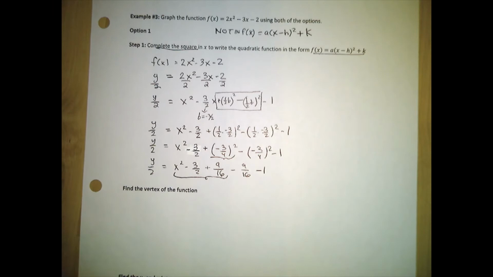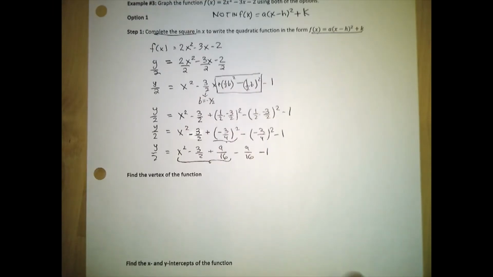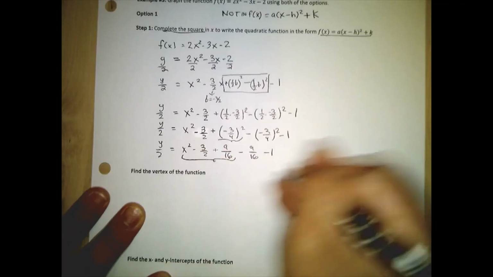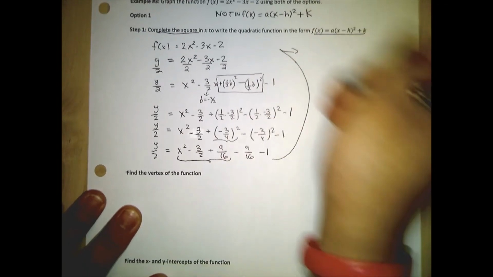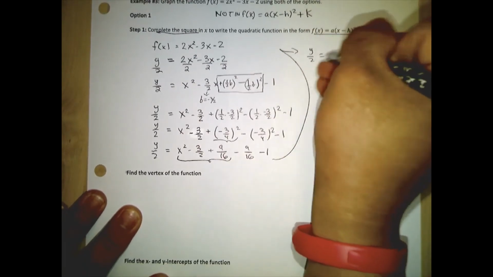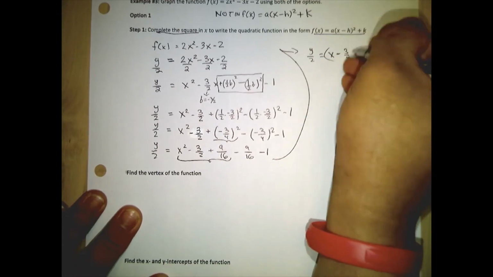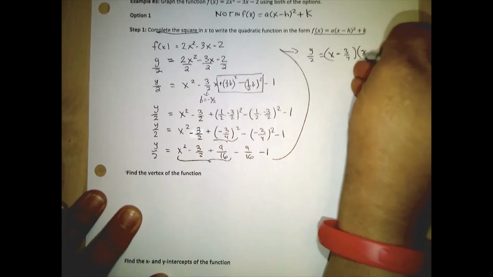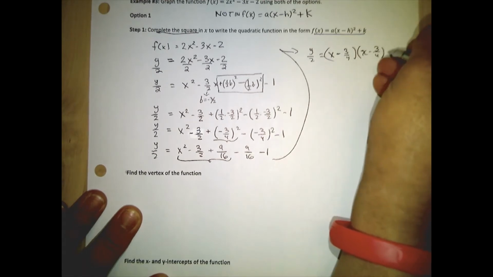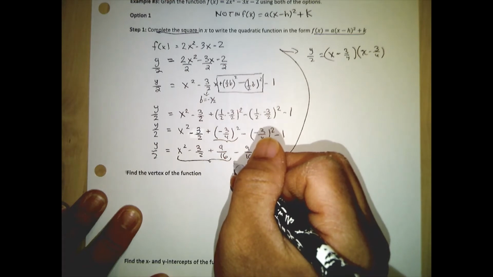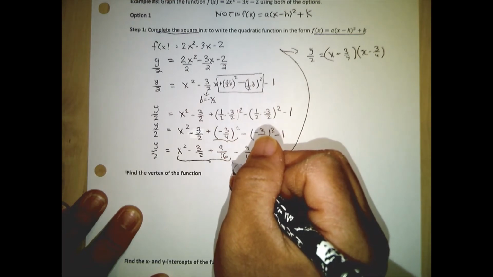And now I can factor this into y/2 = (x - 3/4)(x - 3/4). You can of course check this if you would like by multiplying back.